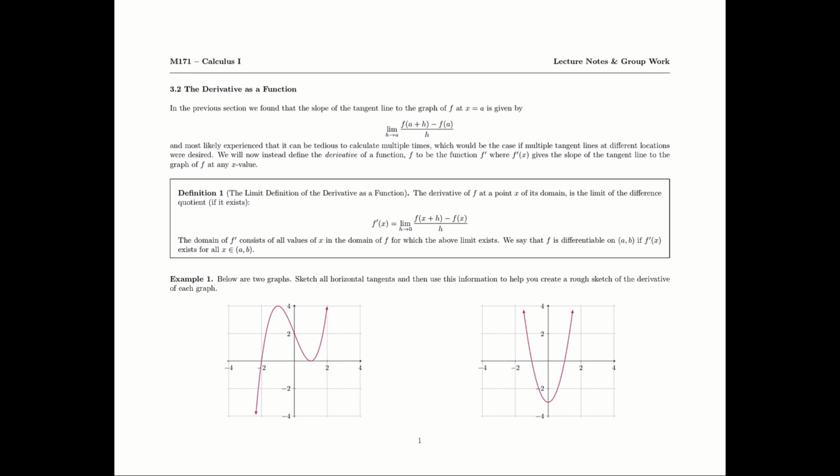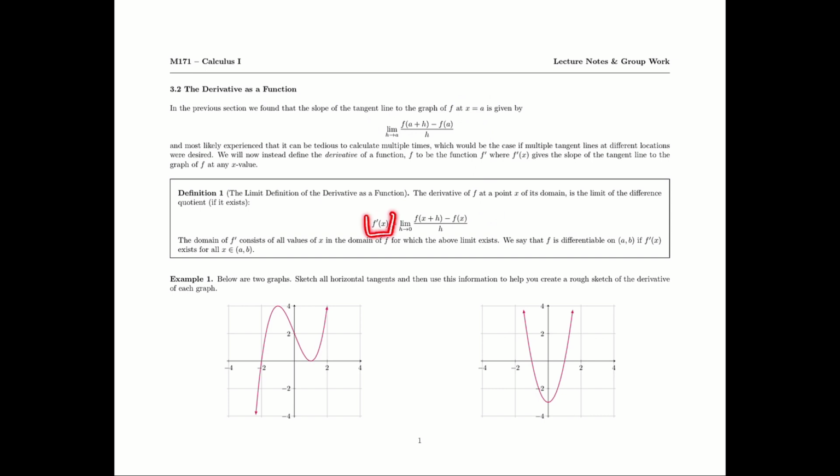In other words, we don't want to know just the slope of the tangent line at a specific location x equals a, but the slope of the tangent line at any arbitrary point on the graph. In that case, we would not substitute in a specific value of x, we would leave x free to vary. And then we'll create a new function from f.